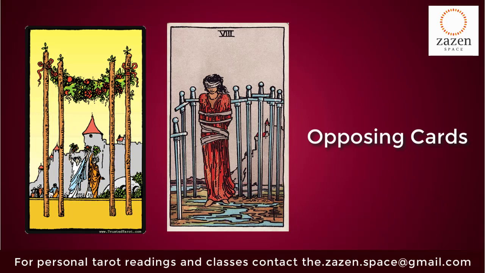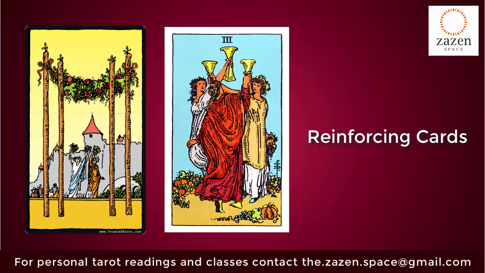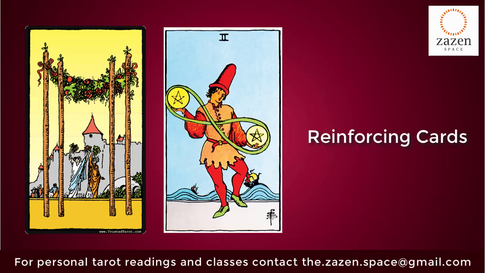So all these cards, friends, are in some way or the other opposite in meaning to the Four of Wands. Now, reinforcing cards, Three of Cups. There is excitement, there is celebration, high spirits, just about everything which is there in Four of Wands. Two of Pentacles. This is also about having fun and a kind of excitement and parties. So again, a reinforcing card.